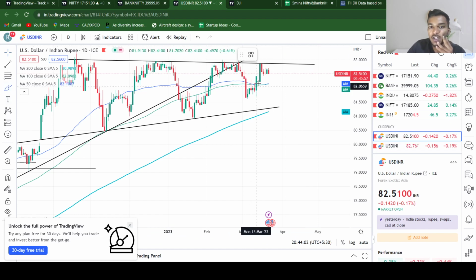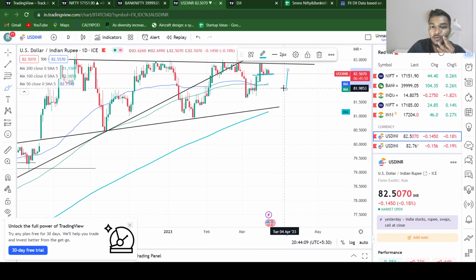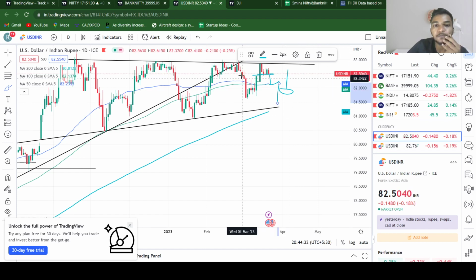By looking at USD-INR, if it goes below the inverted hammer which was formed on Monday, that is, below Monday's candle low, then we could see the downside momentum continuing again.